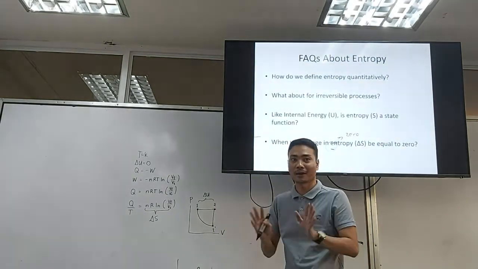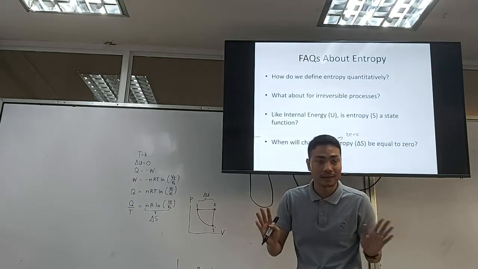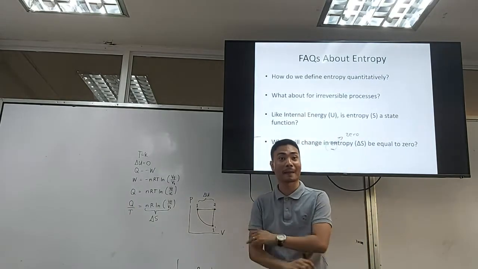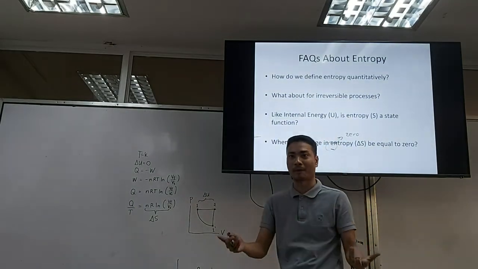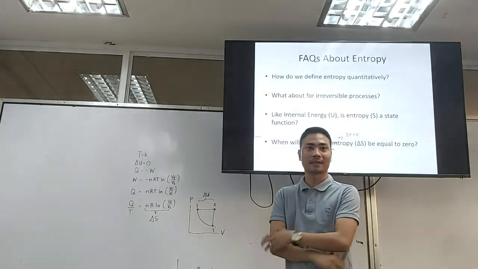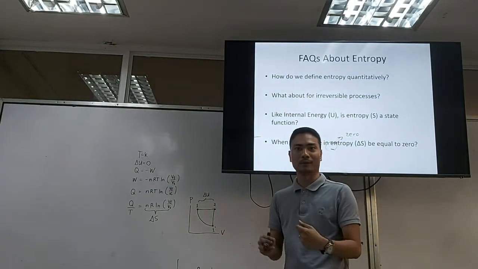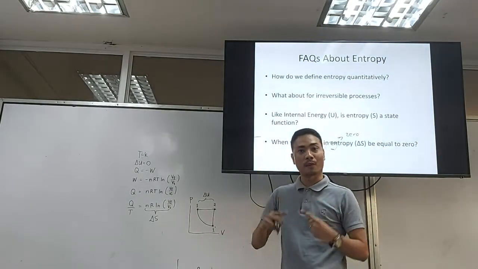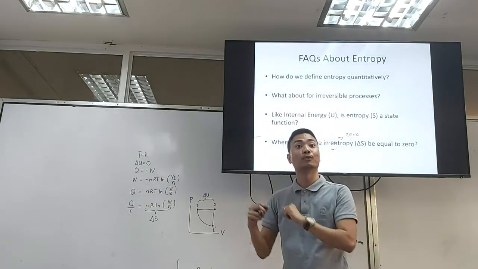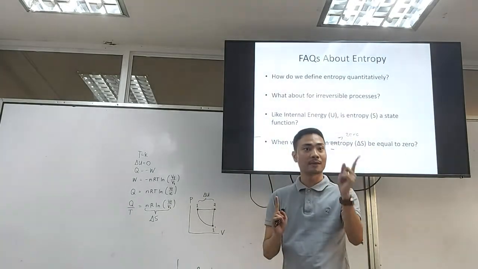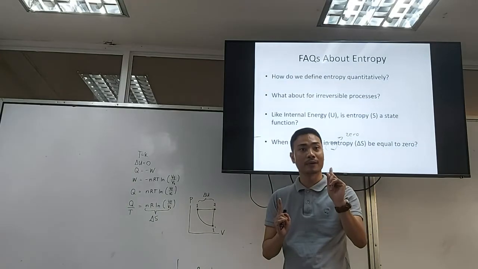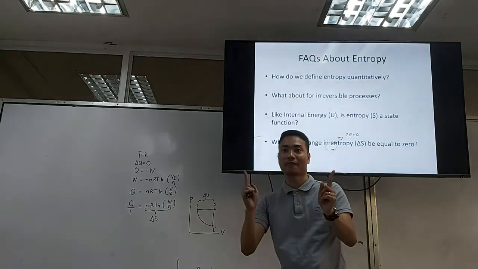Yun yung tinatawag ng mga state functions. Hindi nagdedepende saan? Sa path. It doesn't depend on the path the system took. Delta U would be the same sa 1, 2, and saan? Sa 1, 1 prime, and 1 prime, 2. Because the same yung alin? Yung initial and final state.